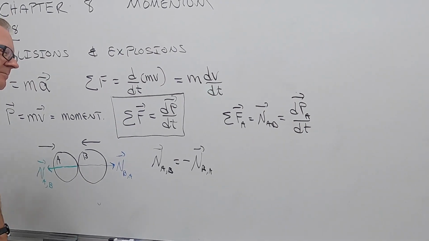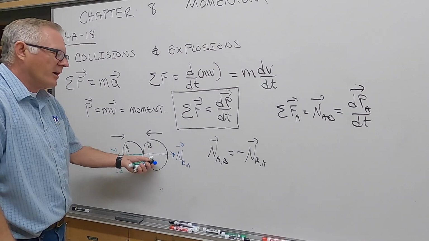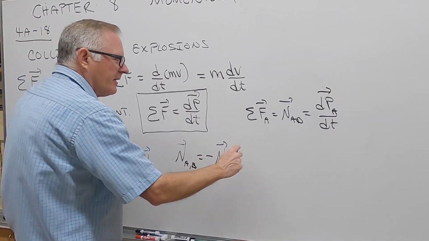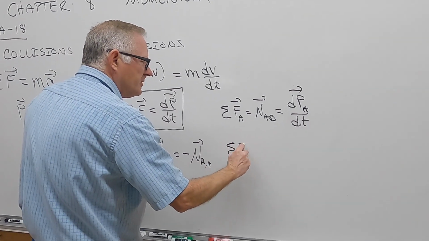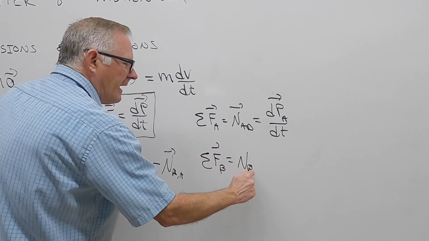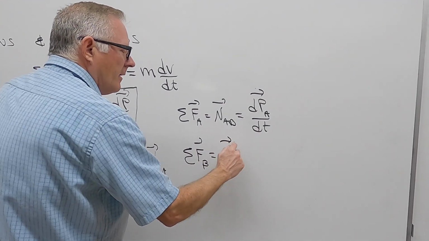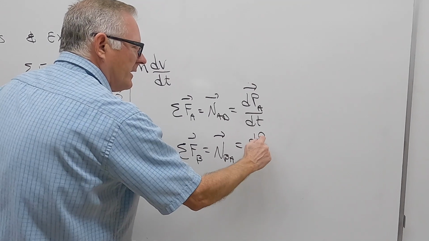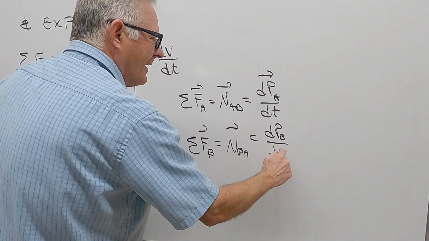There's Newton's law for object A. For object B, we'll just write the same thing. The sum of the forces on object B is N_BA, and that equals the change in momentum of B with respect to time.